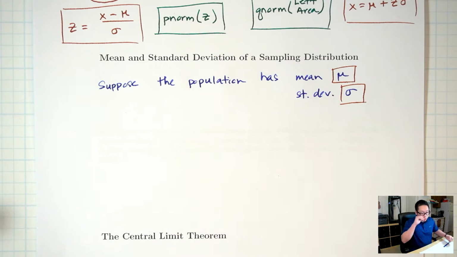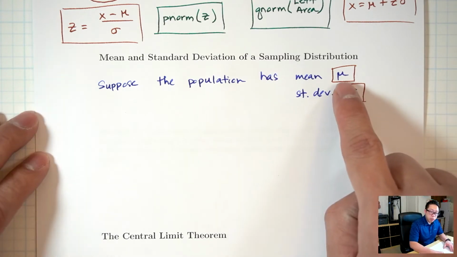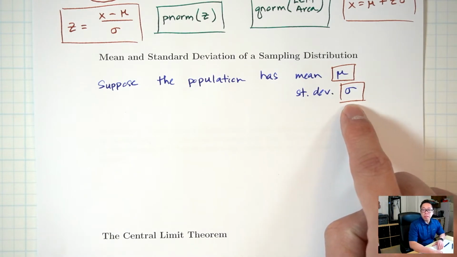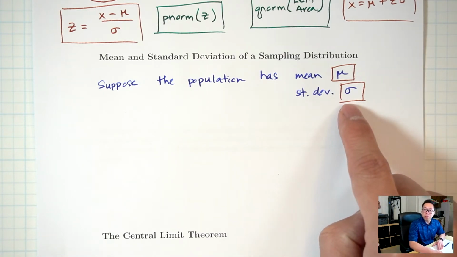To make this concrete, let's say that the population I care about here is the population of all college students, and what I care about is their age. So mu here is the average age of all college students. Sigma is the standard deviation of the ages of all college students.